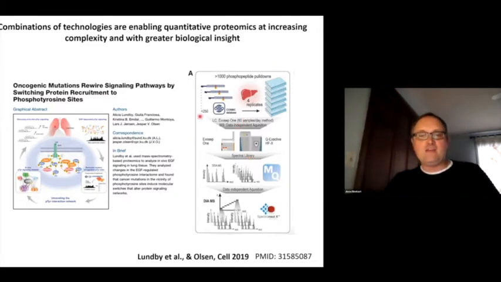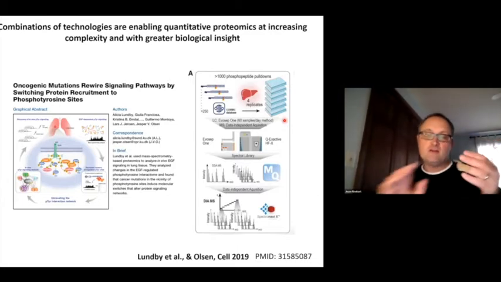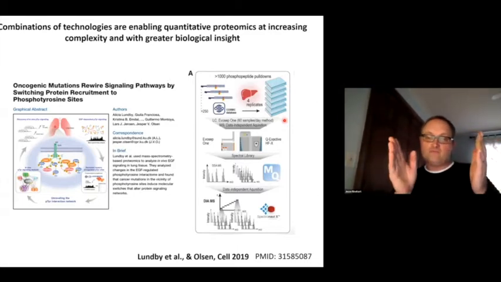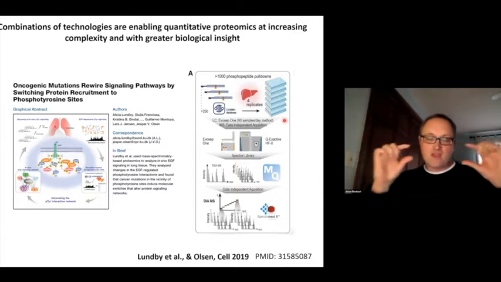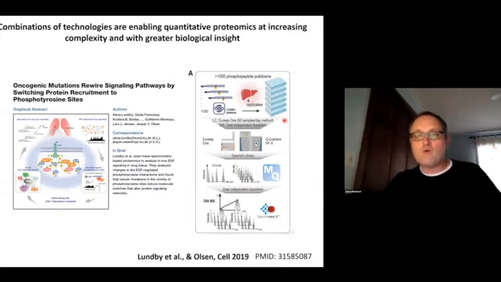And again, this is a very busy slide, and it's here for your reference if you want to look at this paper. But you can see the scale at which they're now carrying out these types of experiments, where they're looking across 4 different tissues and using high throughput methodology to do arrays of samples. And again, introducing labels so they can measure each one, quantify, and bring back quantitative information.